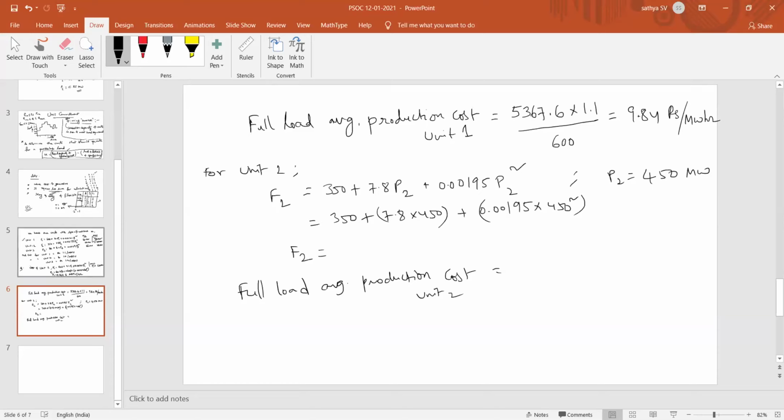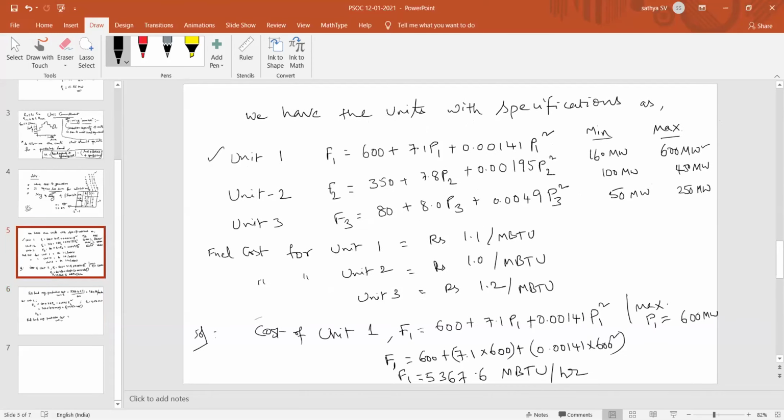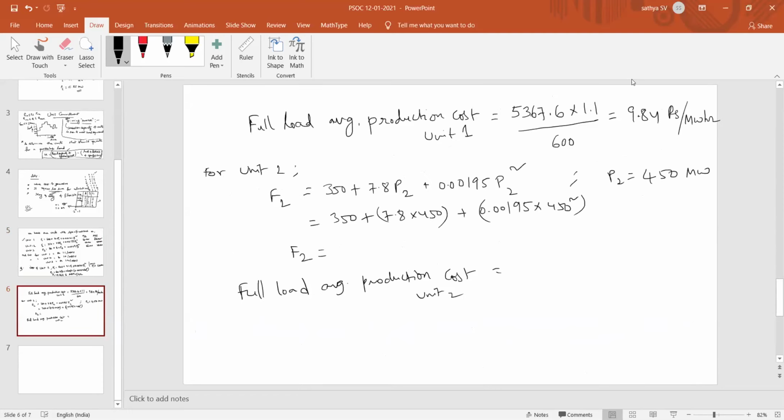If you have any doubts regarding the units, how we can specify, you can go through your problem. See here what they mentioned: the fuel cost for unit 1 is rupees per MBTU, right? So check with those units.